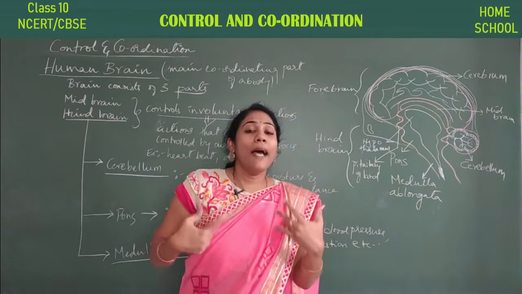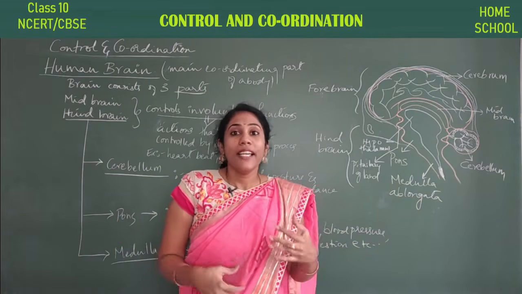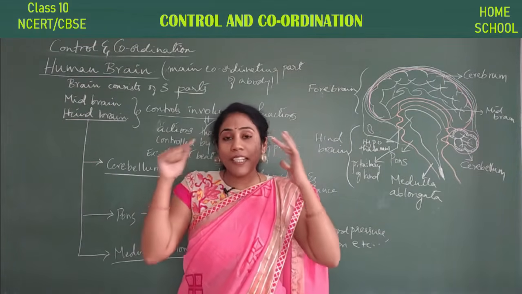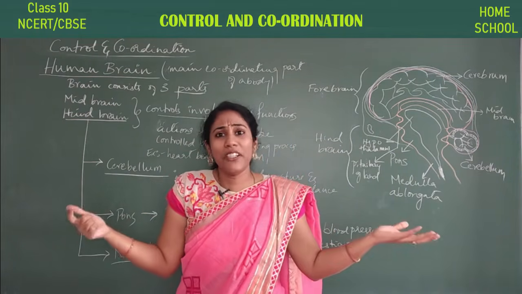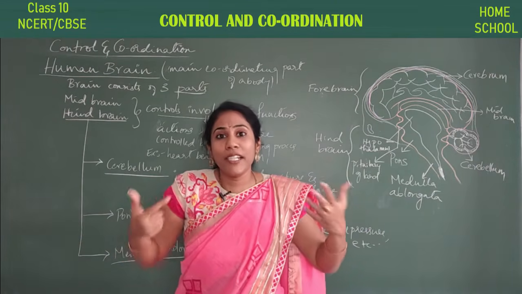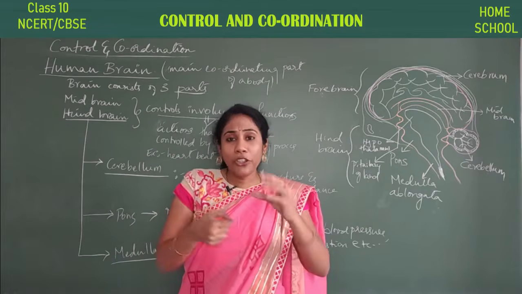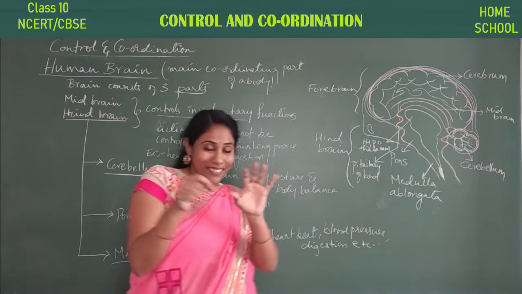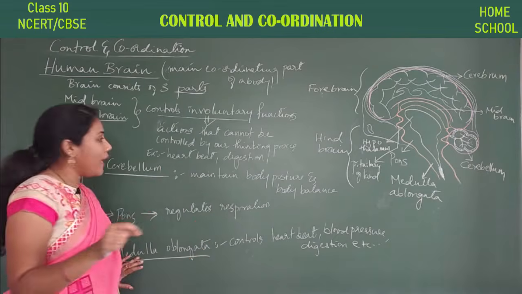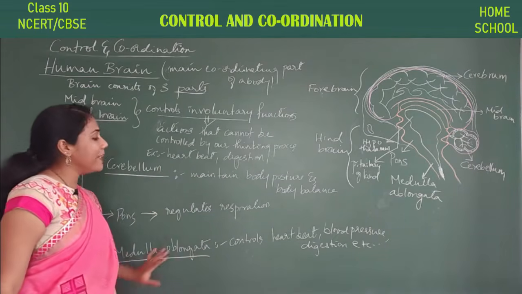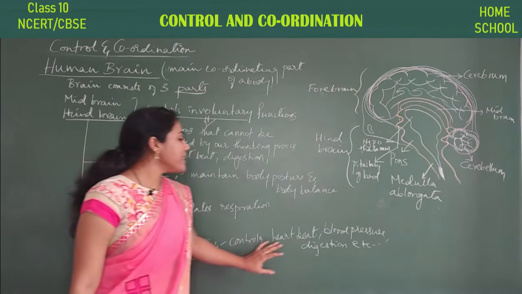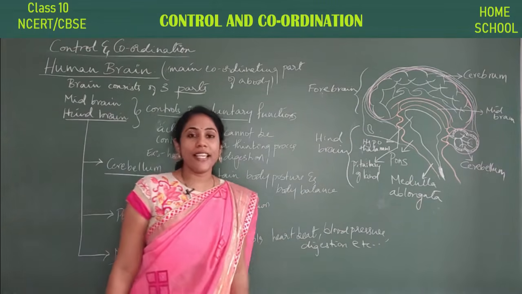It automatically happens within your system. It doesn't depend on your thinking abilities. If you think that the heartbeat should stop, it cannot happen. If you think that your heartbeat should increase more and more, it will not happen. Controlling this heartbeat depends on what part of the brain? It depends on the medulla oblongata. So the medulla oblongata controls heartbeat, blood pressure, digestion, etc.